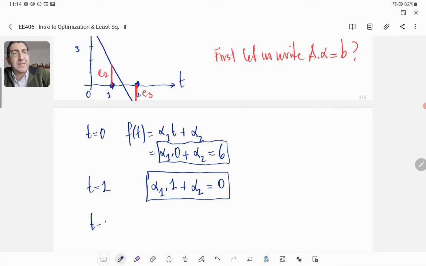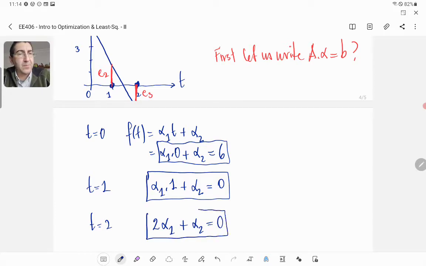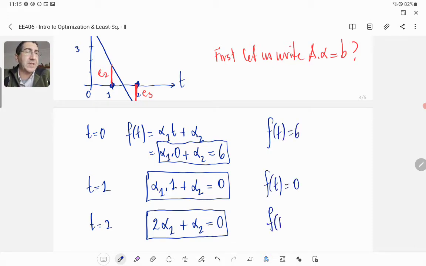And finally, at t equal to 2, I have alpha 1 t, which is 2 times alpha 1, plus alpha 2 is equal to 0. This is the line equation on the left-hand side. In terms of t, I'm just putting the data points t equal to 0, 1, and 2. And f of t is equal to 6, f of t is equal to 0, and f of t is equal to 0 from my data points.